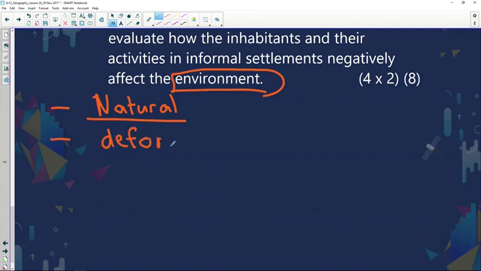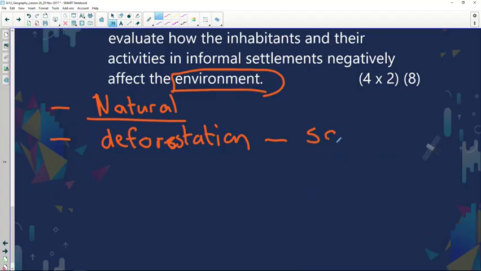That's the first one. What are people doing over there? They want to build their own settlement using weak infrastructure like wood and panels. They remove plants and it causes deforestation that will lead to soil erosion.